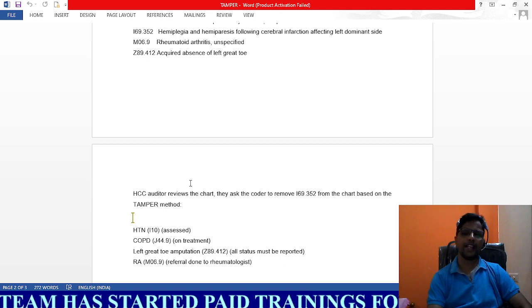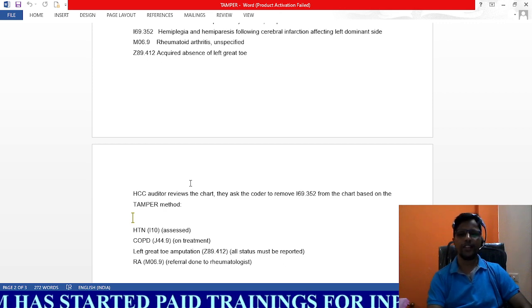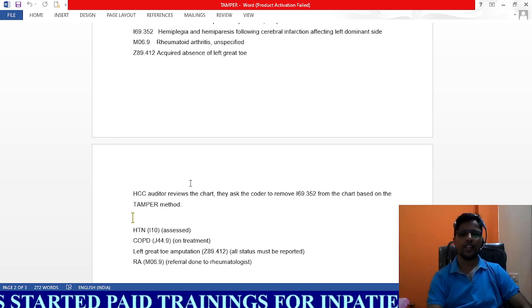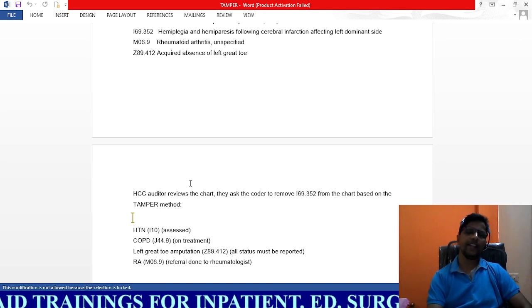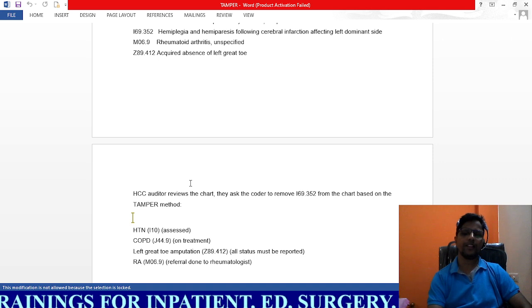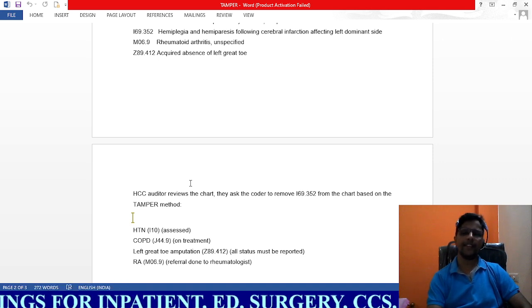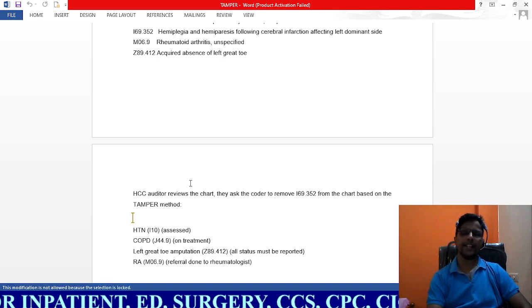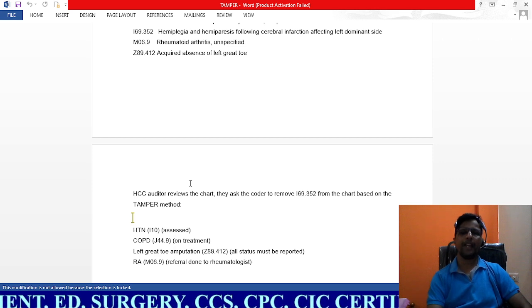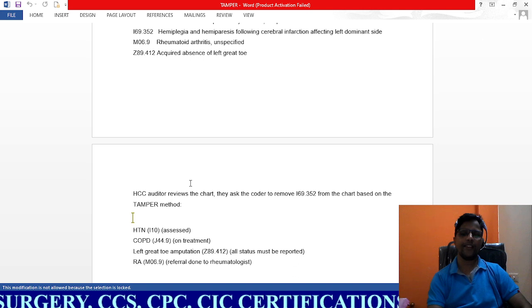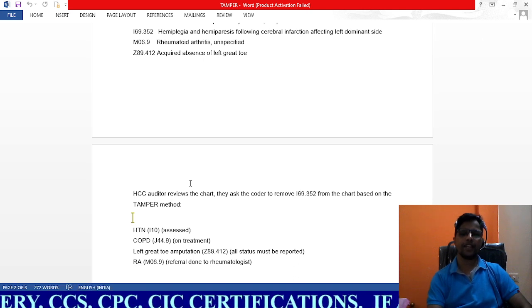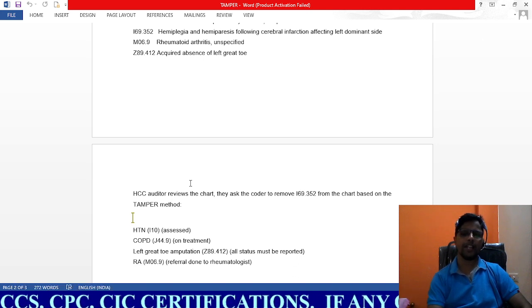As per HCC coding guidelines, we need to code all status codes, and also rheumatoid arthritis, as the physician has done a referral to the patient's rheumatologist. As said, hemiparesis occurred in 2004, and currently the patient does not have any hemiparesis. We can't code hemiparesis from the documentation.